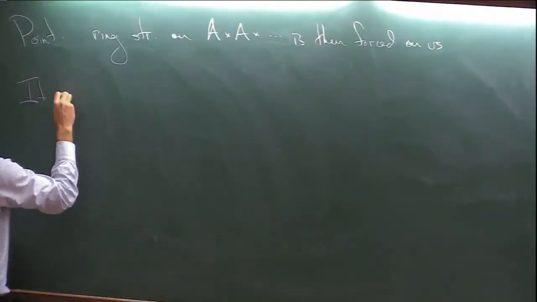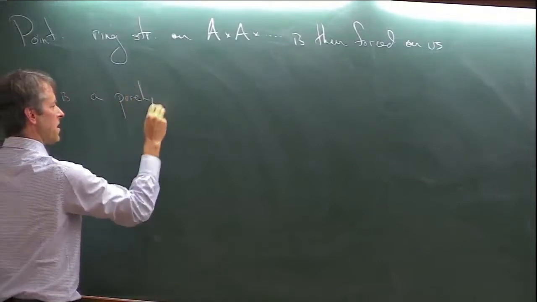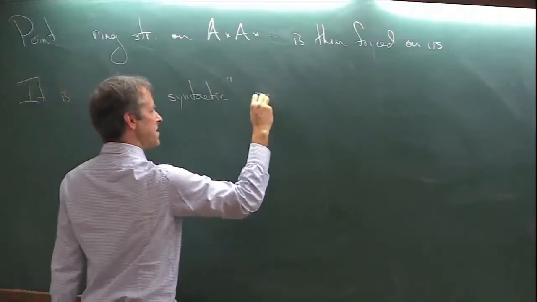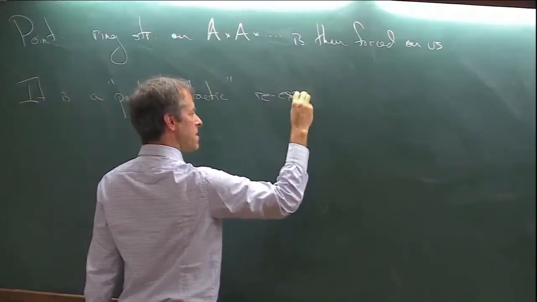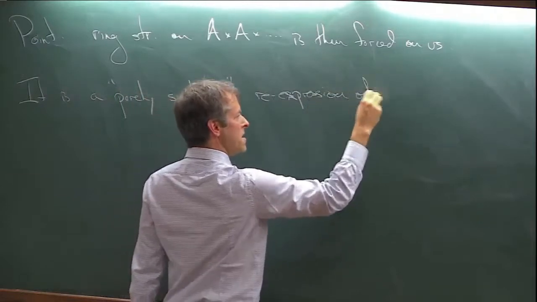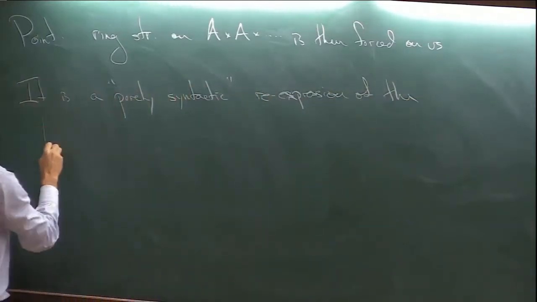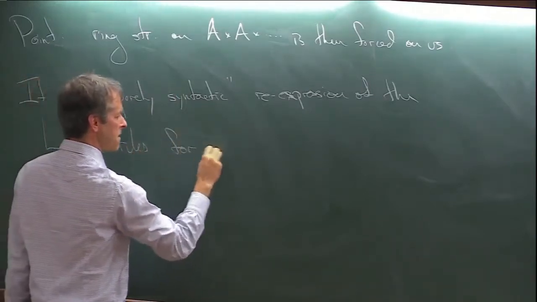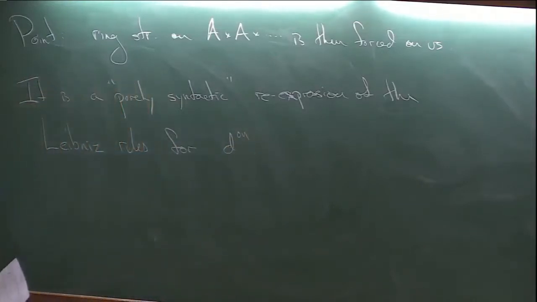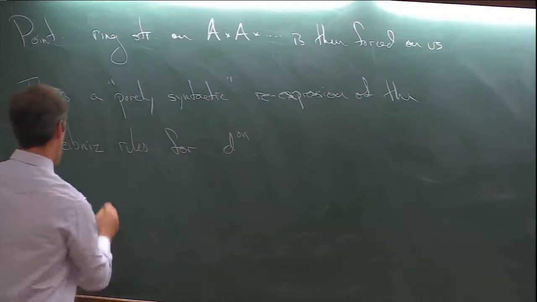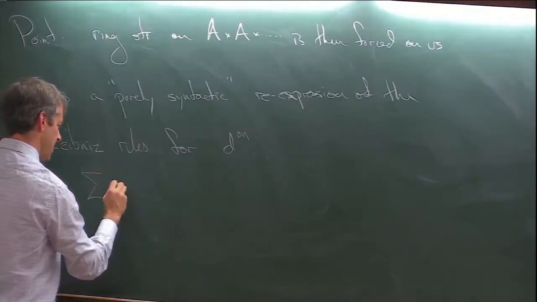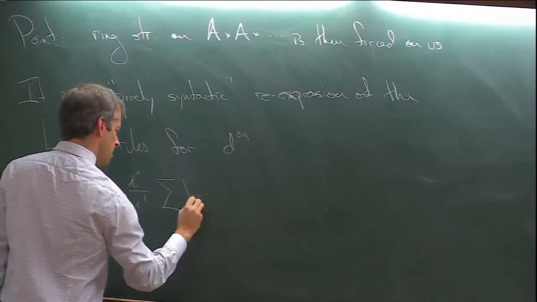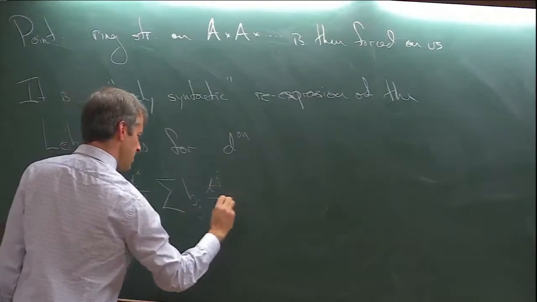It is what I'll call a purely syntactic re-expression of the Leibniz rules, but for the higher order derivatives as well, for the nth derivative operators. So what do I mean? Well, let me just write out the ring structure. I beg your indulgence while I write this down.